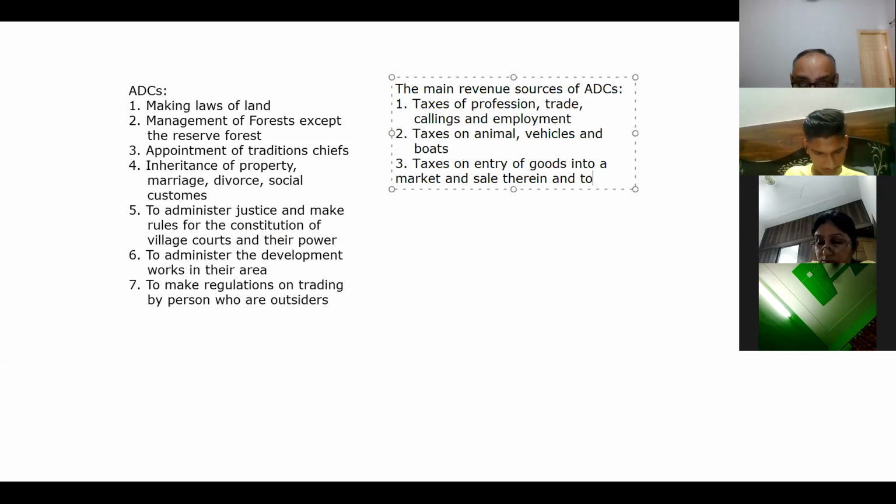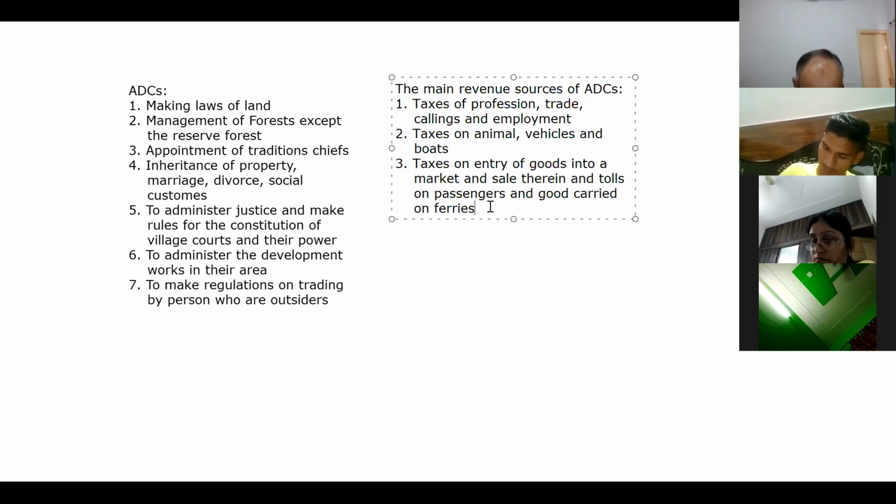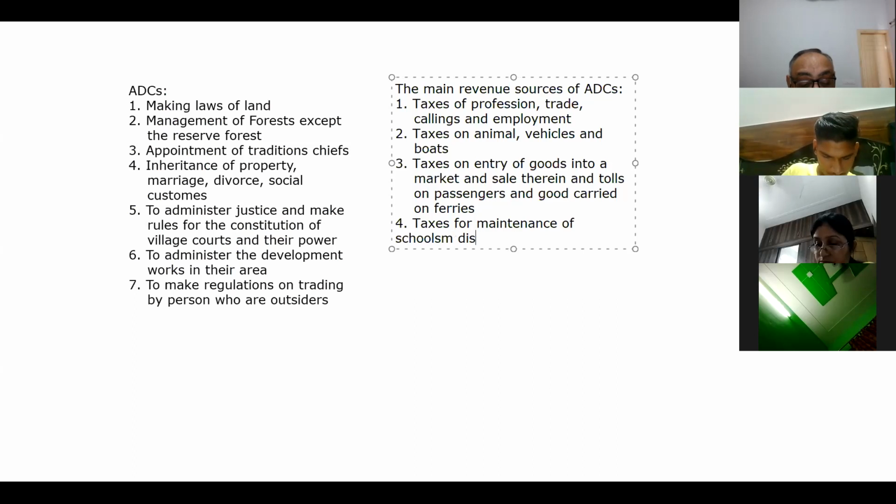And tolls on passengers and goods carried on ferries, जो ferries के ऊपर आप पैसेंजर जो गुड्स को कैरी करके लेके जाते हो उसके ऊपर भी टैक्स लगाती है ऑटोनोमस डिस्ट्रिक्ट काउंसिल, राइट? ऑन फेयर्स, राइट? सो नेक्स्ट है taxes for maintenance of schools, dispensaries or roads. So ये common cause है, इनके लिए भी taxes लगा सकती है. So ये इनके छोटे छोटे जो हैं जो इनको दिए गए हैं, राइट.